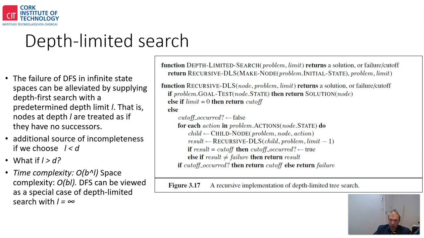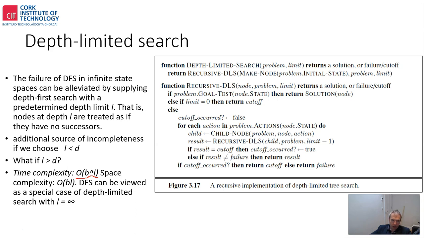But again, depth first search can be viewed as a particular instance of depth limited search, having time complexity big O of b to the power of L, and space complexity big O of bL.